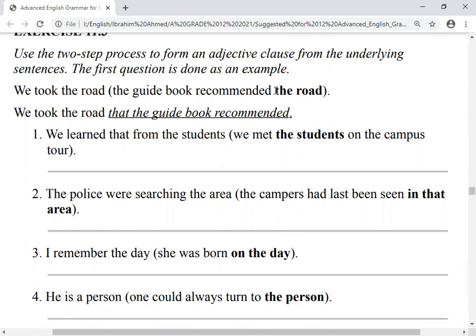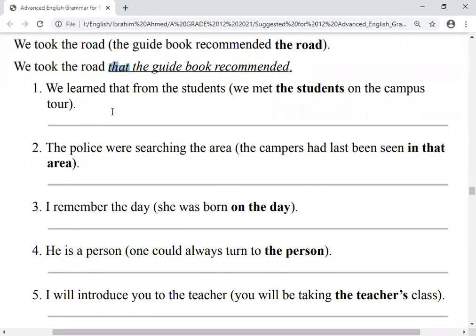In the first step, we replace the road with the pronoun that, because it's non-human. And then we pull that and put it at the beginning of the underlined clause, which is the adjective clause now. So we took the road that the guidebook recommended. I'll give you a minute or two to do number 1 and 2 only, and then we'll move to the next step.